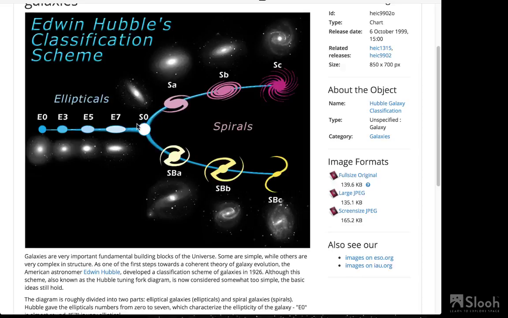There is one branch of elliptical galaxies, and within it we categorize based on the shape of the elliptical. But for spirals, there are 2 different kinds: the regular spirals, and the barred spirals, which are also broken down by the way their structure looks. So we'll talk about ellipticals first.